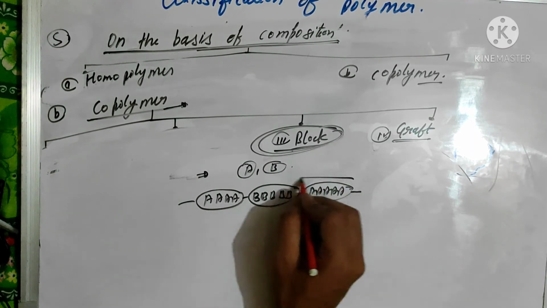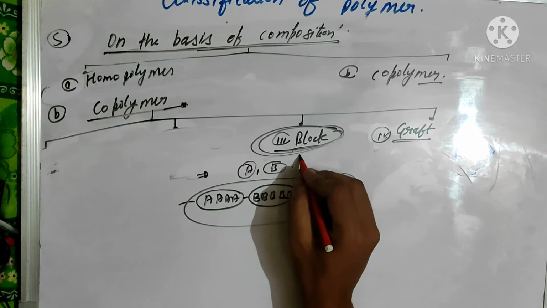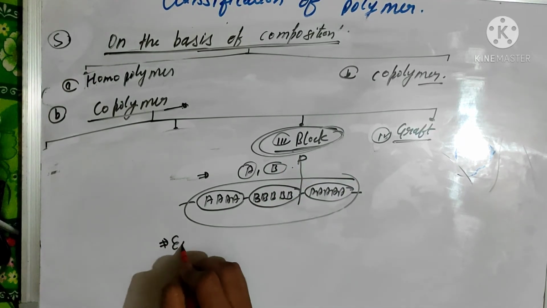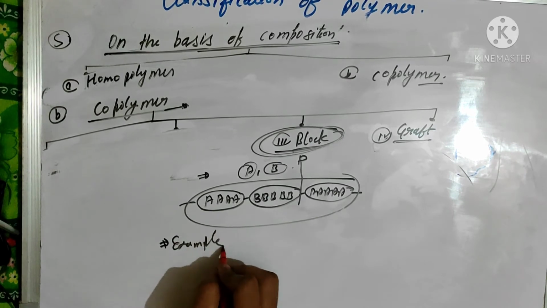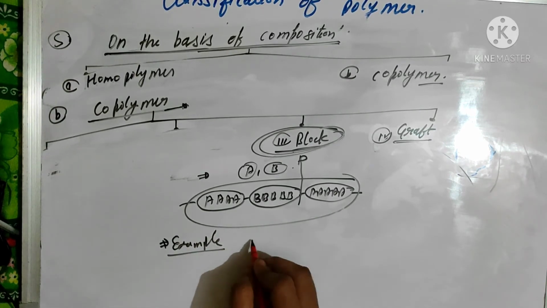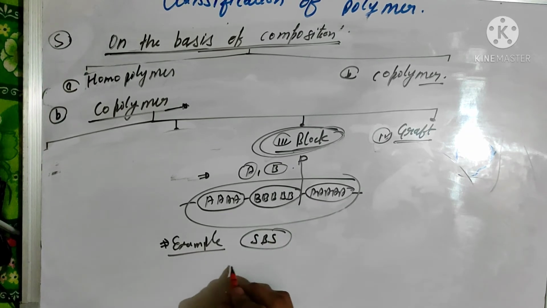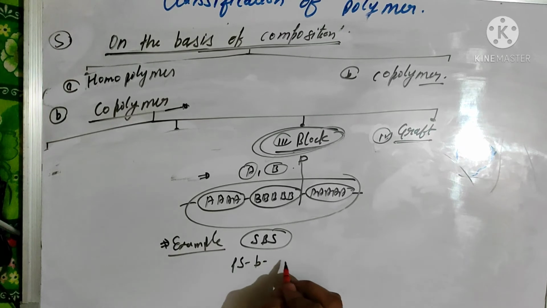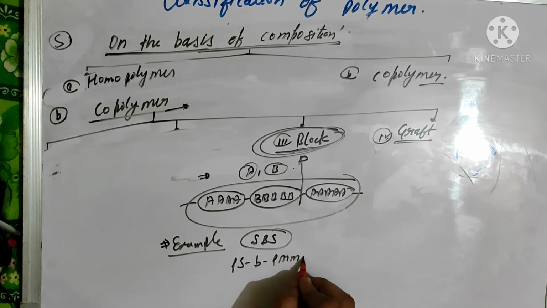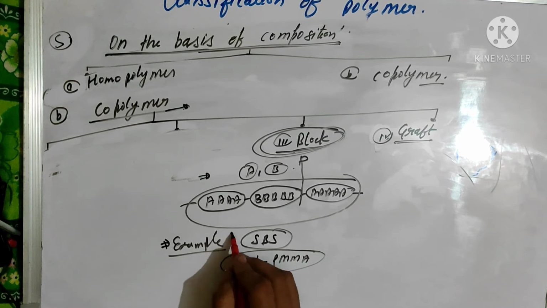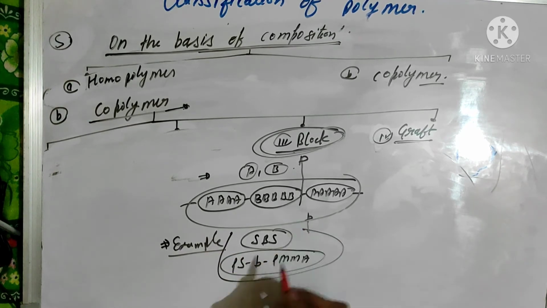So these polymers come under the block copolymer. Some examples of the block copolymer are styrene butadiene styrene, polystyrene block polymethyl methacrylate. These polymers come under the block copolymer.